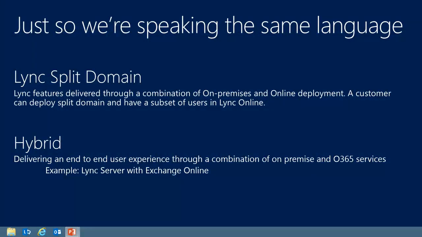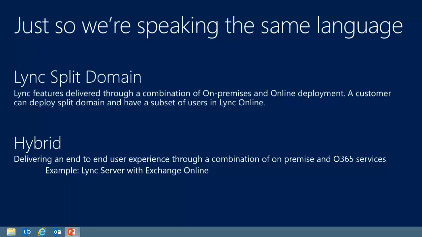Just to make sure we're speaking the same language, and I am perfectly guilty of doing this as well. Lync split domain. That basically is the ability to have a cross-premise deployment in Lync, right? A lot of times hybrid is actually used as that term, but hybrid doesn't quite stand for that. Hybrid could be, I have Lync on-prem, but I may have Exchange Online and multi-tenant.